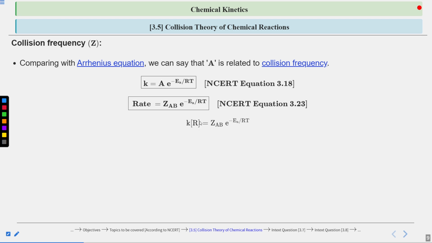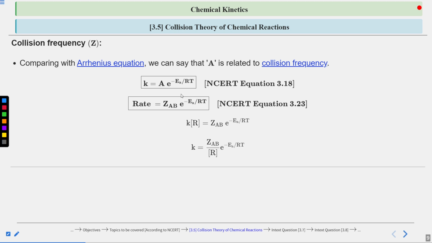From here you can write K, the rate constant, equals ZAB divided by the reactant concentration in the denominator, multiplied by e to the power minus EA by RT.